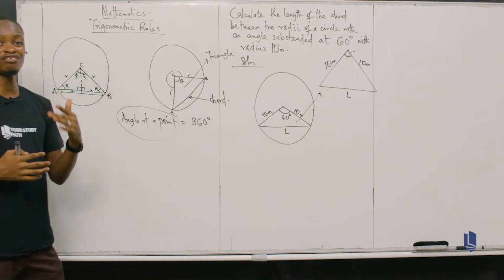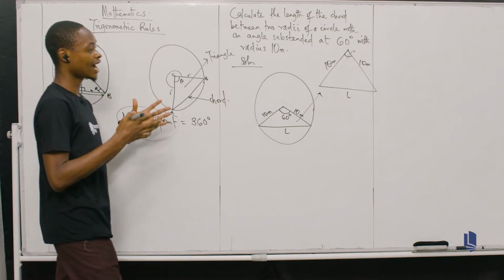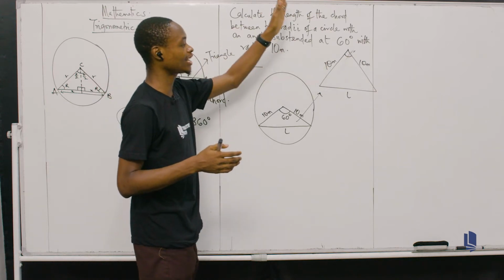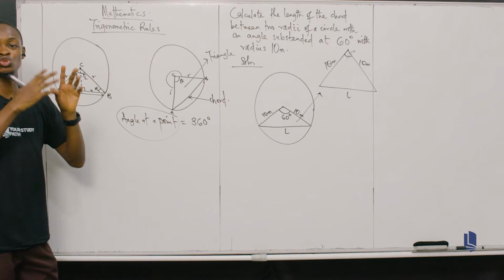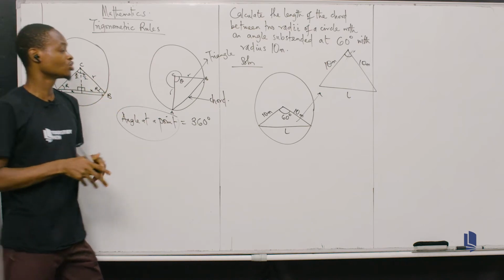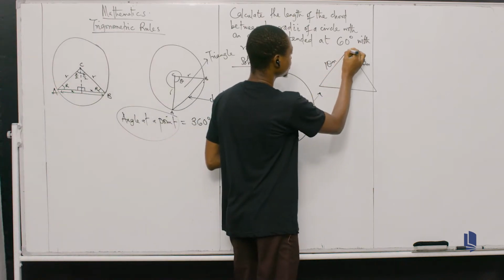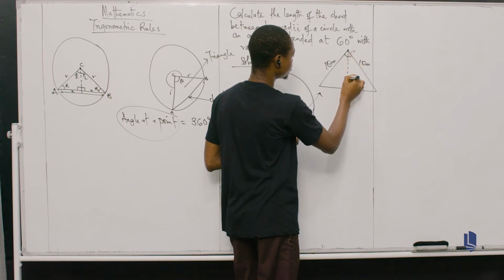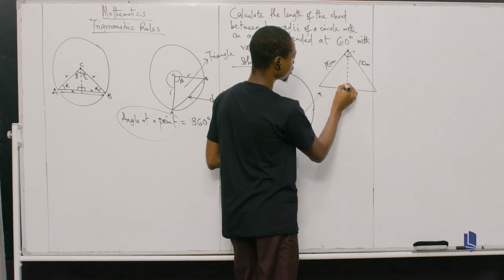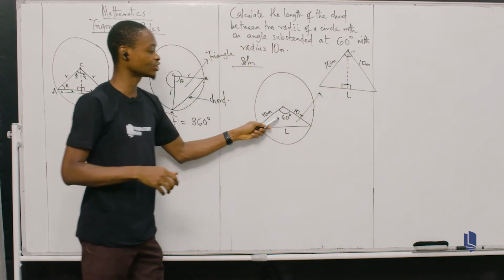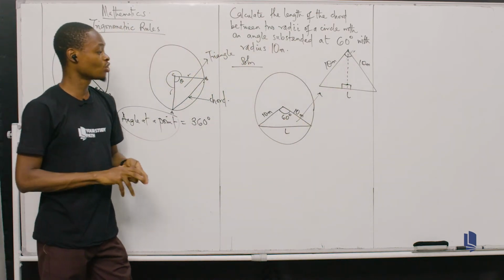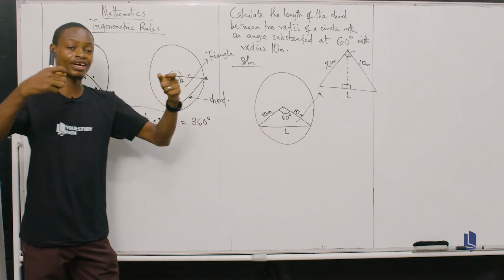Now, based on what we have learned so far, we can perpendicularly bisect this isosceles triangle into two right angle triangles. So if I break this triangle at the middle into two right angle triangles, what will I have? First off, the angle at the top, which is 60 degrees, will then break into 60 divided by 2.